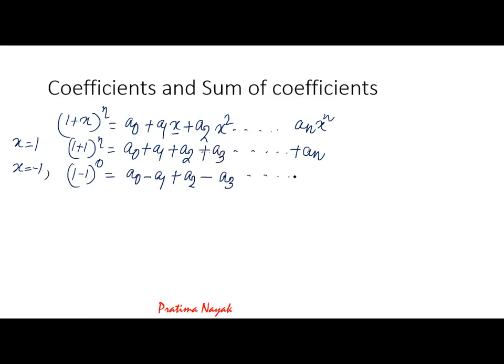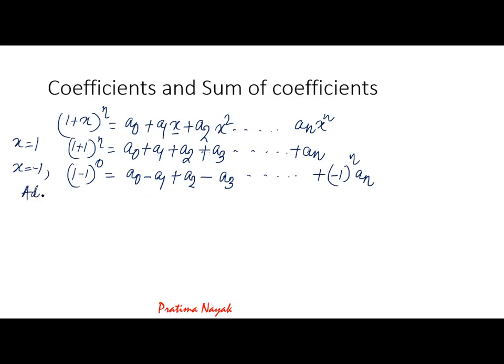And the last will depend on the value of n. It may be negative, it may be positive. So how much am I getting? I'm getting 0. So first was 2 to the power n, this is 0. So 2 to the power n, I will add them.